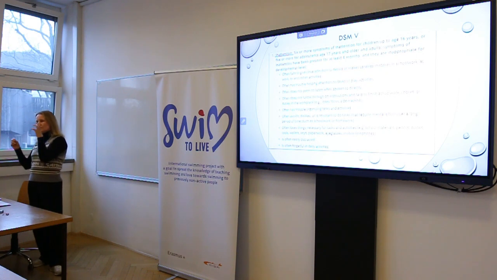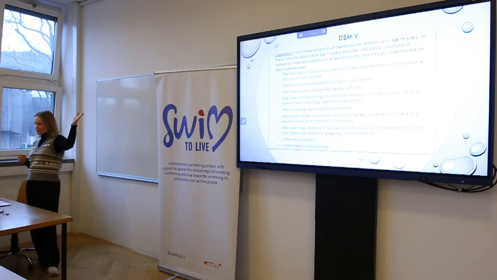So we have two groups of symptoms. First one is inattention, and the second one is hyperactivity and impulsivity. As you can read here, there are 9 of them in each group, and to fulfill the criteria, you have to meet 6 of them.